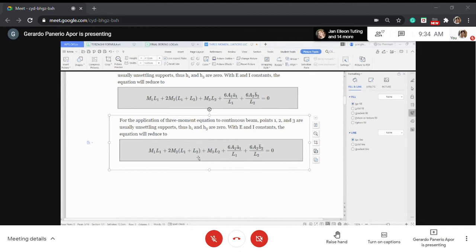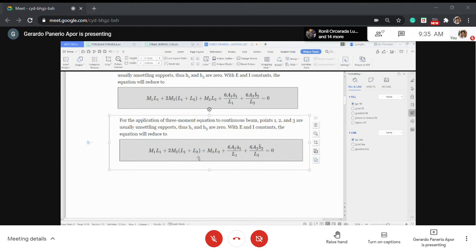Given in the problem. Of course, when you try to solve a problem, the lengths of the beams are given. For example, you have a two-span continuous beam, so the length 1 and the length 2 are given. And also the load is given. Since our objective is to analyze the beam, we want to determine M1, M2, M3.